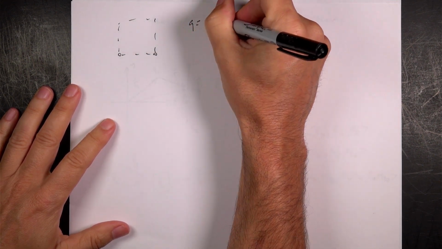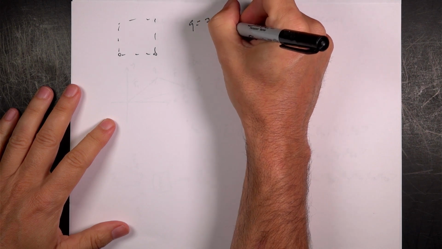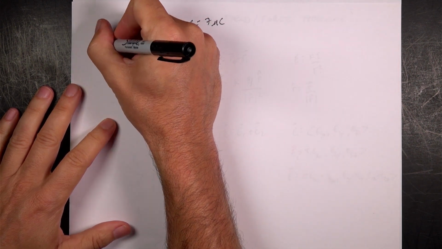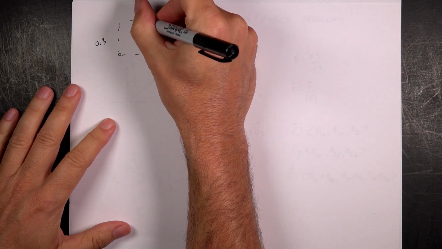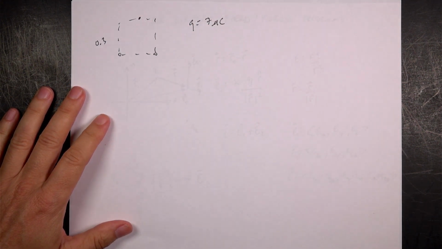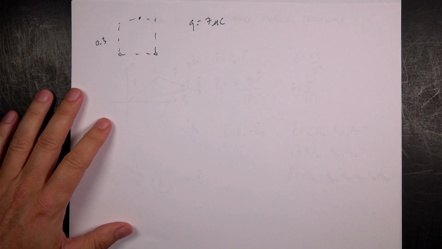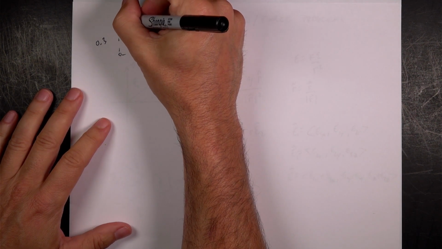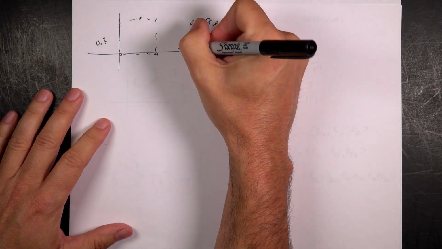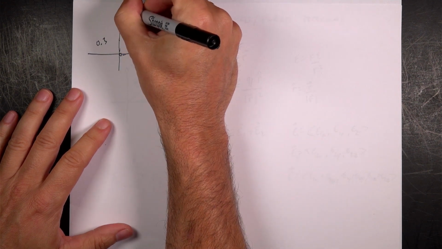And Q equals 7 microcoulombs, and the length is 0.3. And I want to find the electric field right there. So the very first thing I need to do is to pick a coordinate system. It doesn't matter where it is, but you do need to use it, right? So I'm just going to pick this. This is my x, and that's my y-axis.